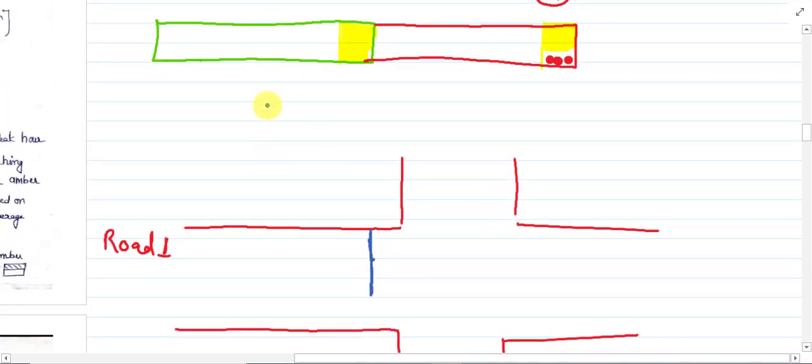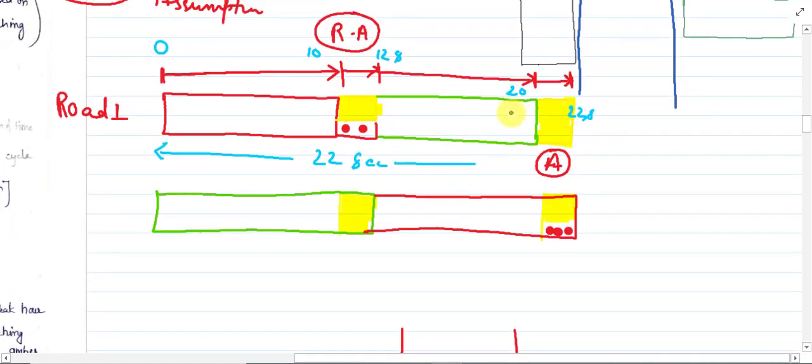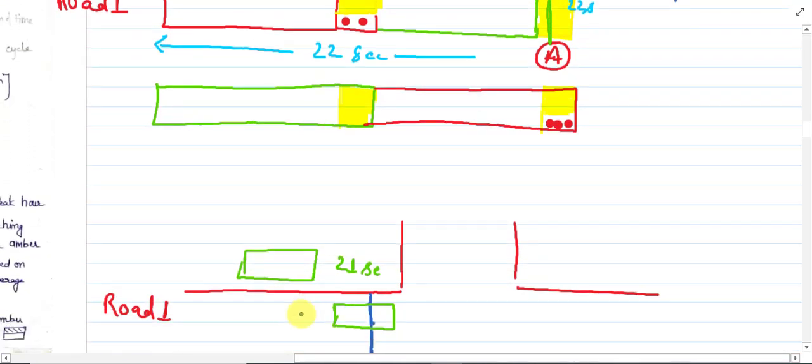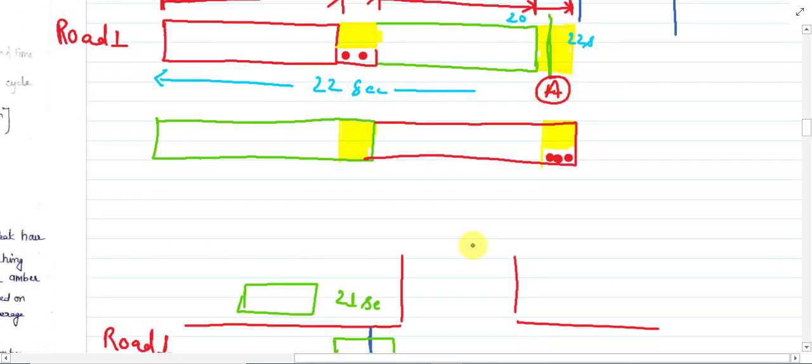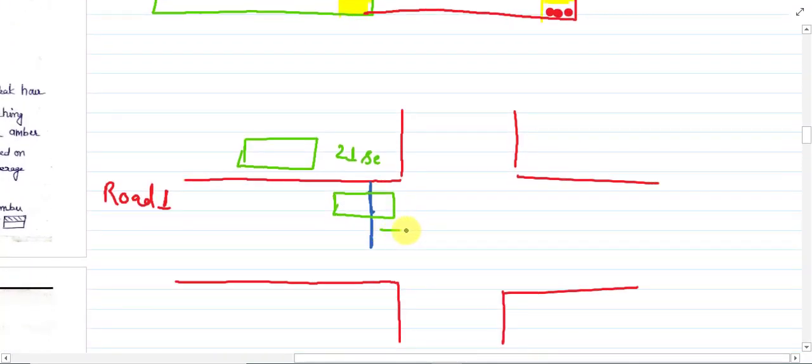Now consider a vehicle which is at the 21st second of the traffic signal. So the 21st second of the traffic signal will lie in this region. This is a vehicle which has just crossed the stop line and is inside the intersection. So this 2 seconds of amber is given to this vehicle so that it can clear the intersection.